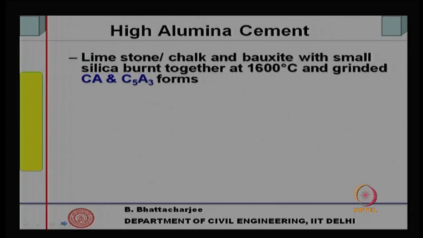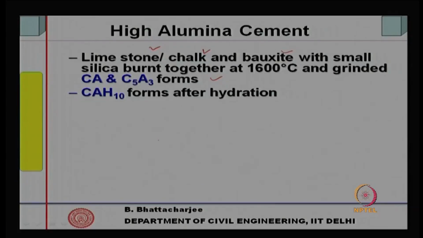One more cement I will discuss before we stop is the high alumina cement. This was used very much earlier, generally produced from limestone or chalk and bauxite with small silica. So, this will have a high quantity of calcium aluminate of the kind CA and C5A3, not C3A, but this is the product that is formed.